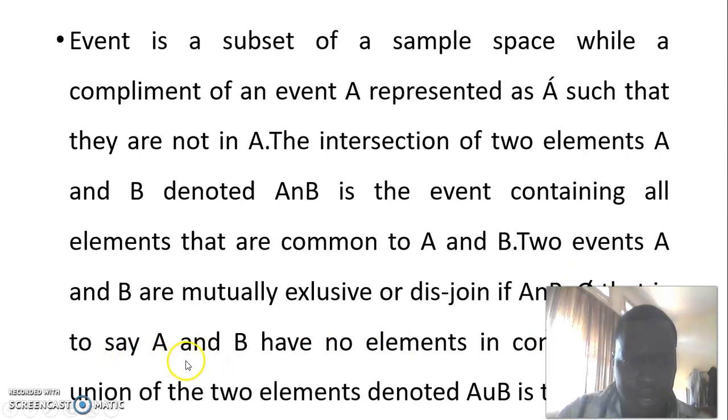That is to say, A and B have no elements in common. And then the union of two events, denoted by A union B, is the event.